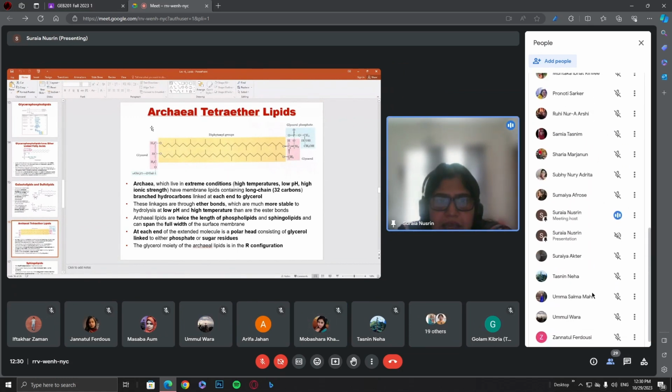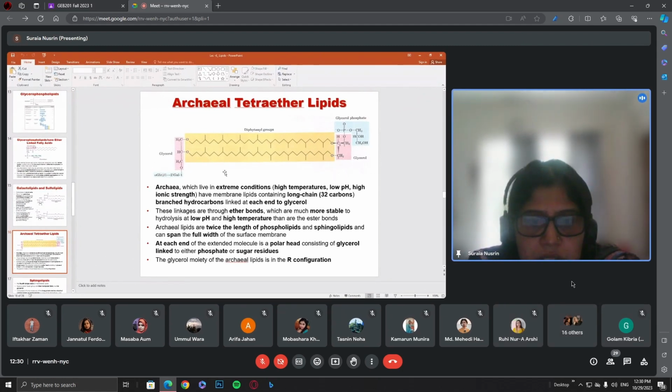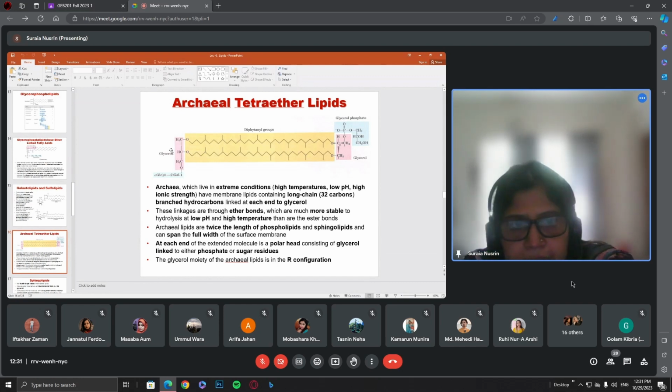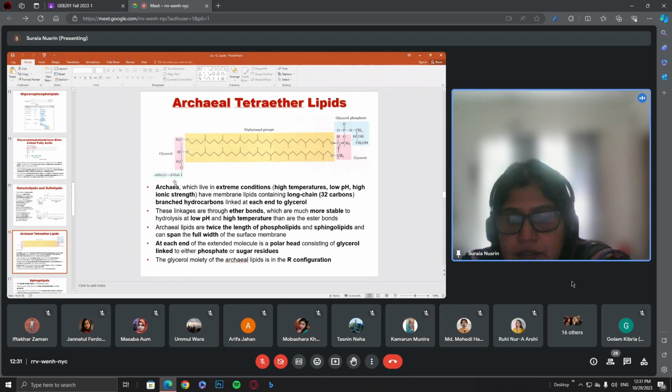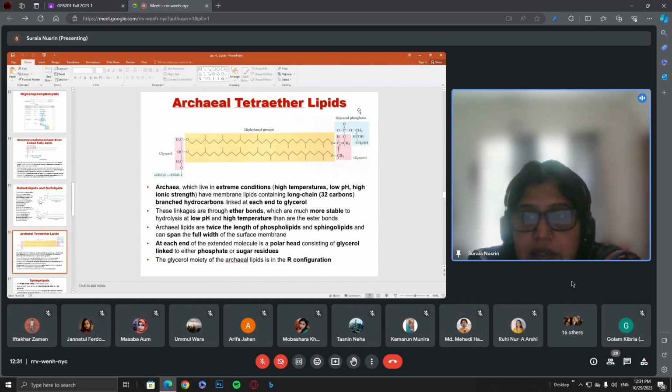So the main backbone is made up of very long chain branched hydrocarbons, and in the structure it is mentioned that that is diphytanyl group. Then that hydrocarbon at the two ends is linked to glycerol by ether bond, and those glycerols, at one end, are linked to sugar moieties, and at the other end that glycerol is linked to another moiety by a phosphate group, which is the phosphodiester bond.